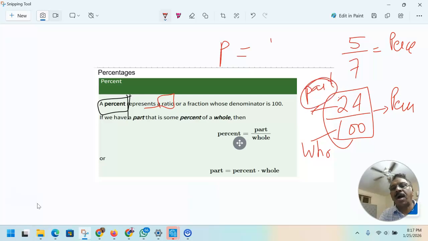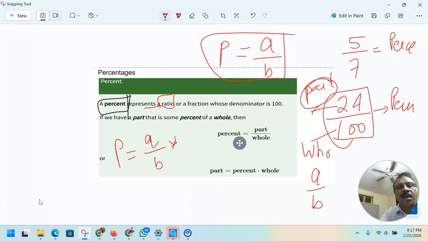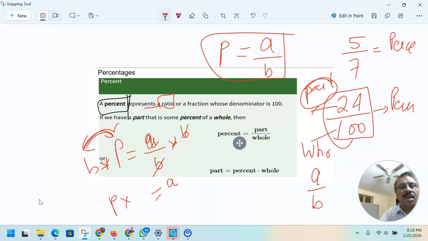Because there is confusion with the word part, this could be written as A of B. P is the percent, so we can say P is A over B. In other words, it's a ratio of A and B. We can also write this as A equals: if I multiply B on both sides, this B and this B cross out, and you get A equals, the part, percent times the B. The order does not matter.